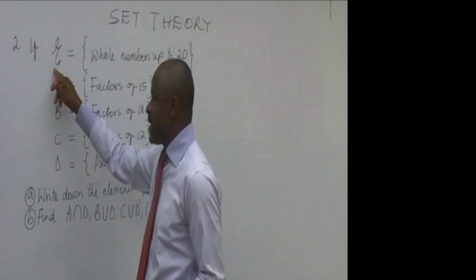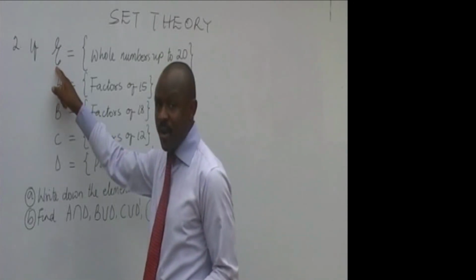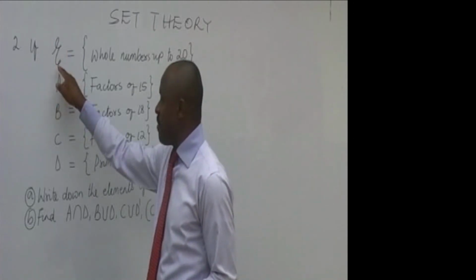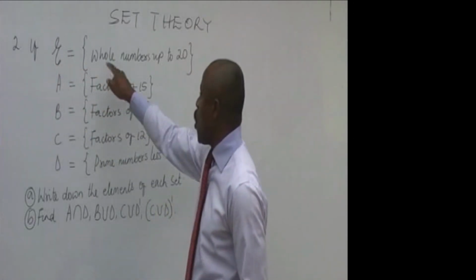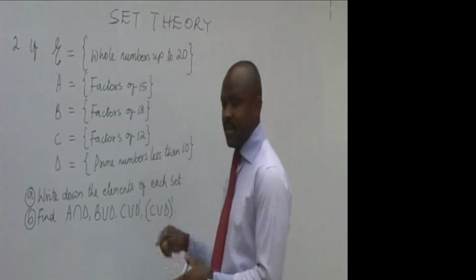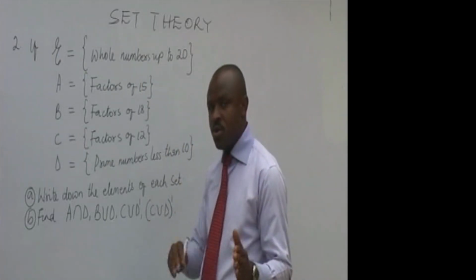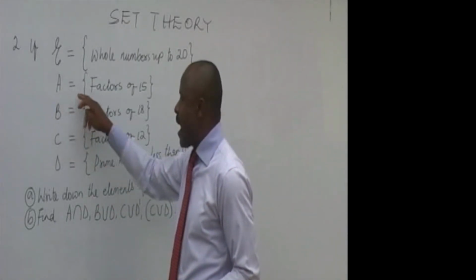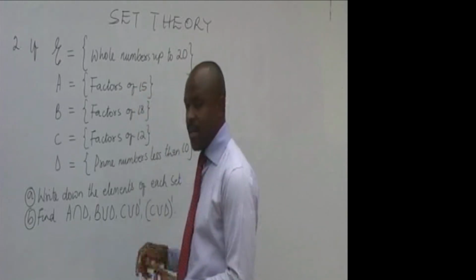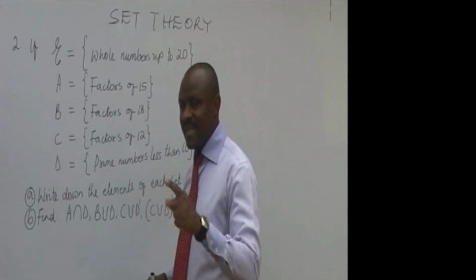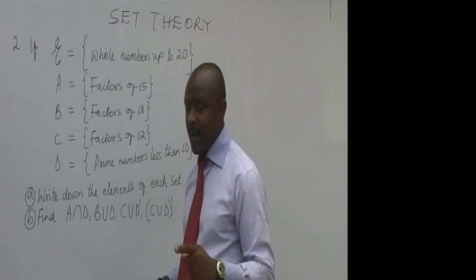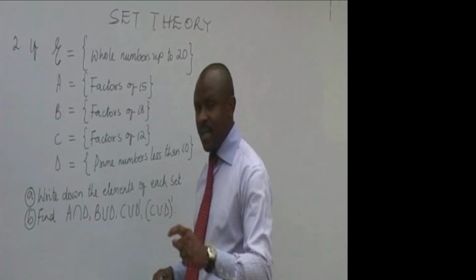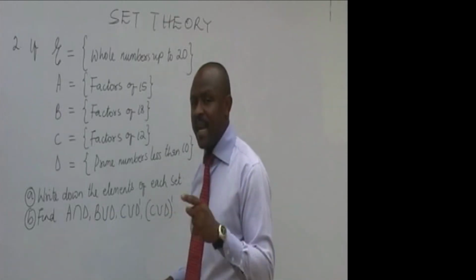If the universal set, this is the symbol of the universal set, is equal to whole numbers from 0 to 20, and members of set A are factors of 15, those numbers that can divide 15 without a remainder. Members of B are factors of 18.